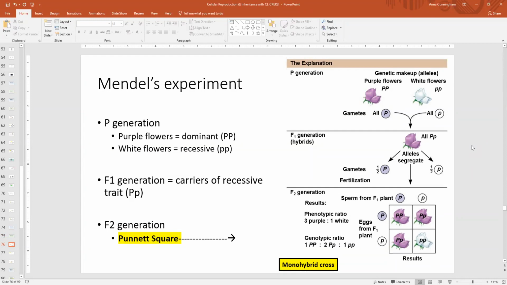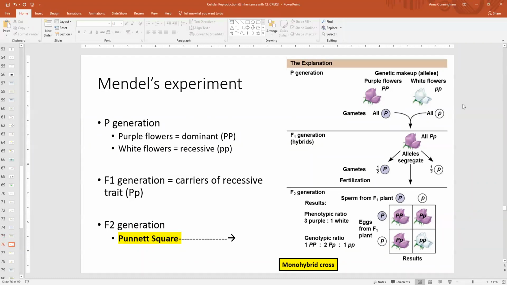That's really what Mendel was doing. He was trying to figure out the pattern of inheritance, dominant versus recessive, which alleles would be expressed, and the likelihood they would be expressed. That's what he was doing through his experiments.